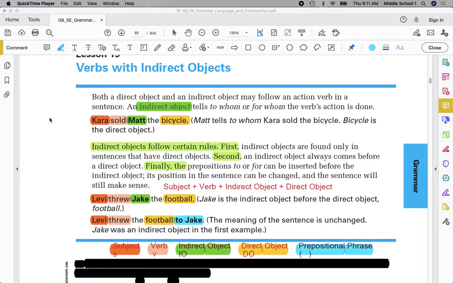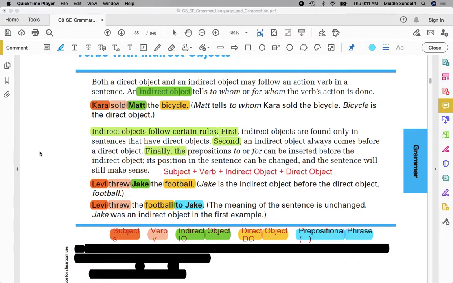Once again, I would like to follow using a color scheme or labeling S, V, I-O, D-O, and parentheses for prepositional phrases. If you have colors available and you want to color or highlight these, feel free to do so.